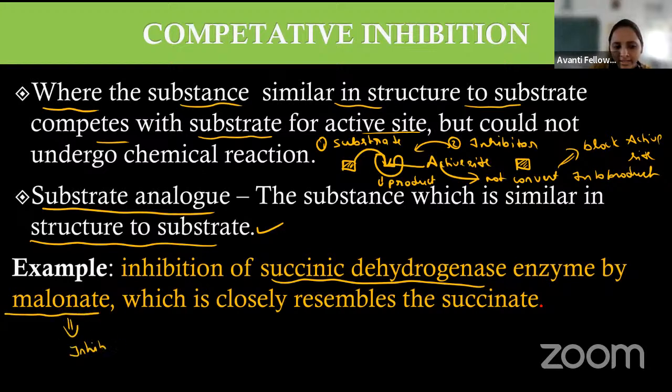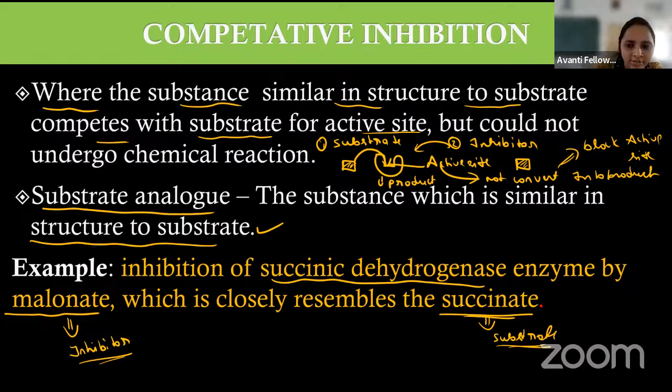Malonate, which looks similar to succinate. Here succinate is the substrate, right? In the place of succinate, this malonate will come and bind, and it will block the enzyme active site. So this is what happens in competitive inhibition.